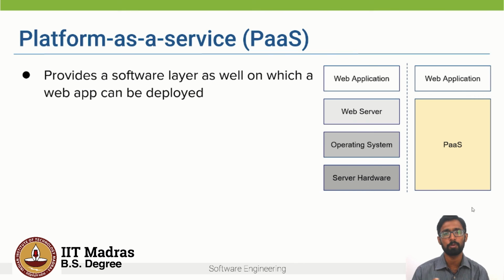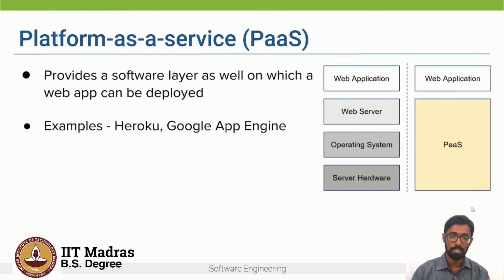We have to provide some configuration options, like which web server to be deployed, what is the database and all of that. And the PaaS helps us to deploy the application with minimal effort. Examples of PaaS providers are Heroku, Google App Engine.